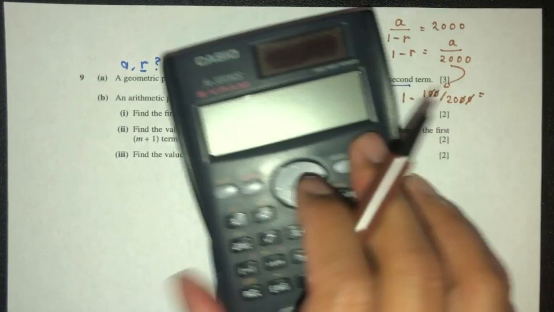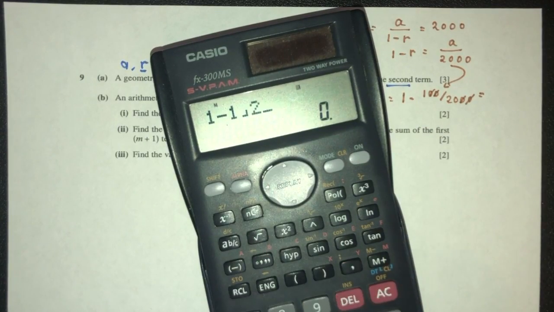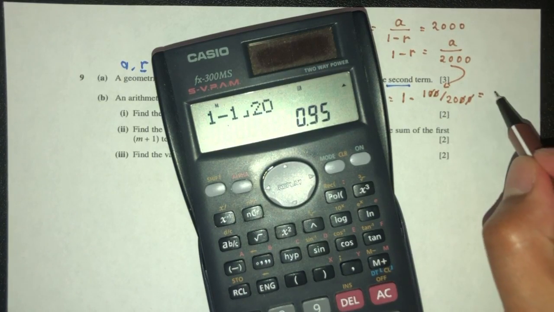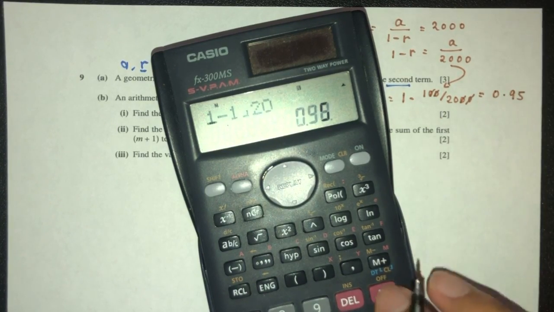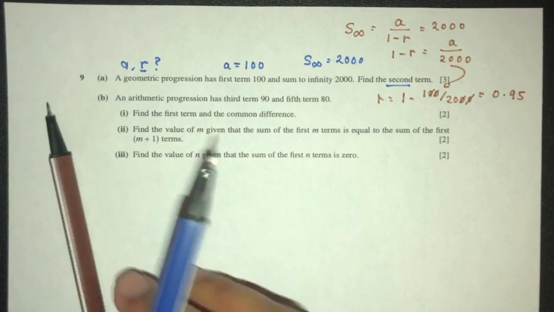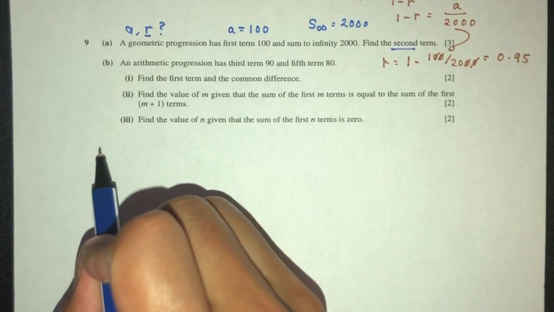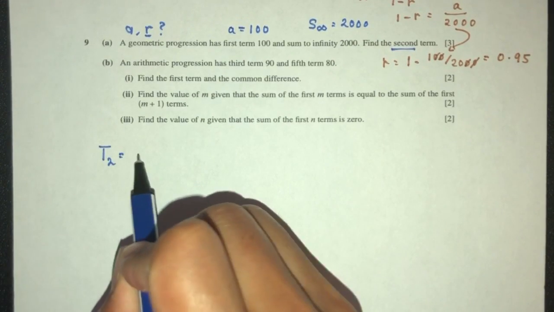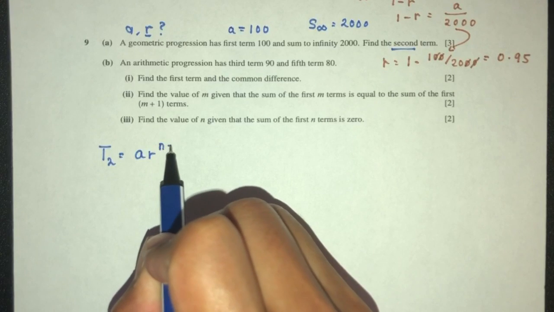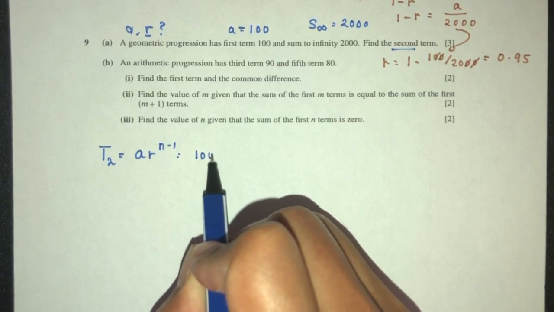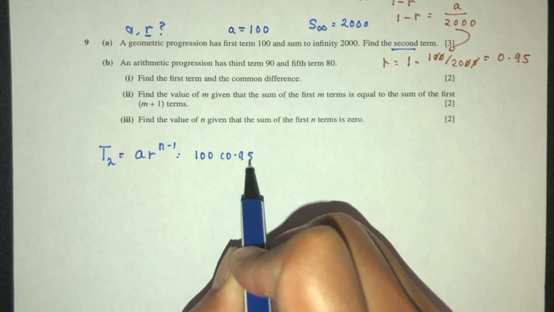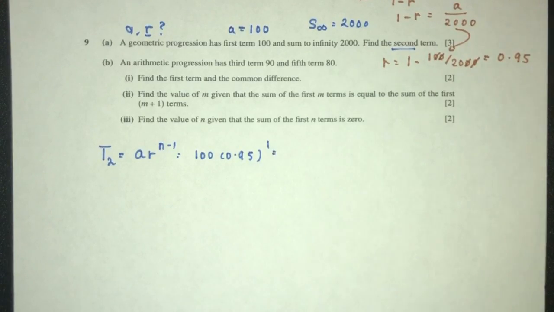That should be 1 minus 1 over 20, which is 0.95 for the value of R. Now, when we have the value of R, we can find the second term. The second term will be A R to the n minus 1, which is 100 times 0.95 to the power n minus 1, which is just 1.